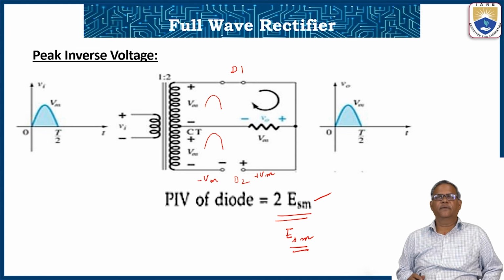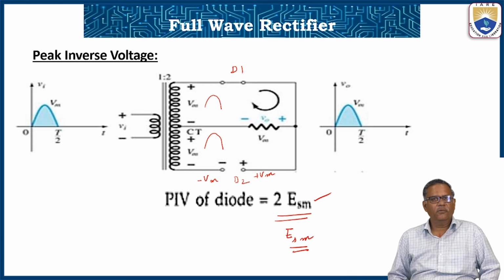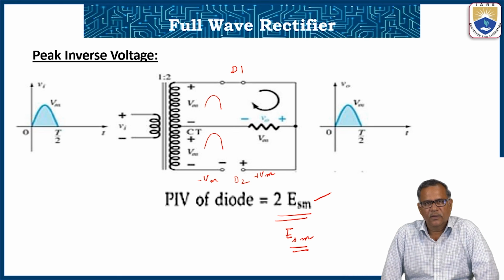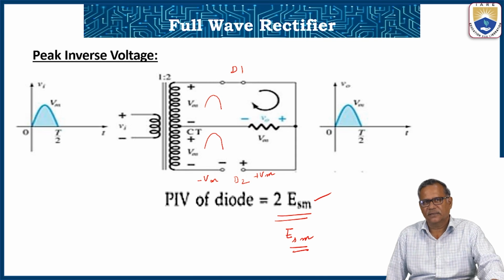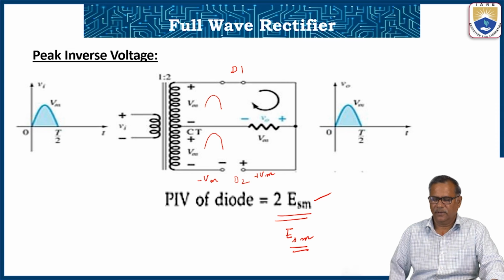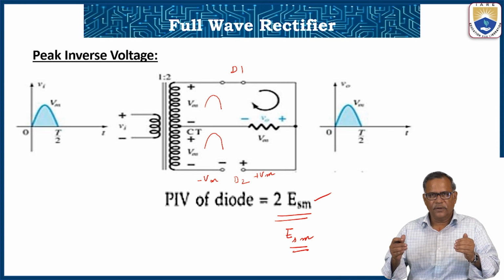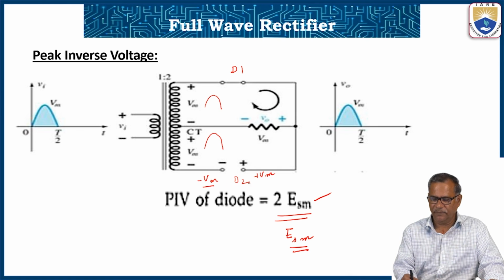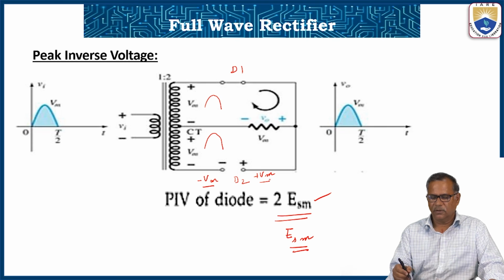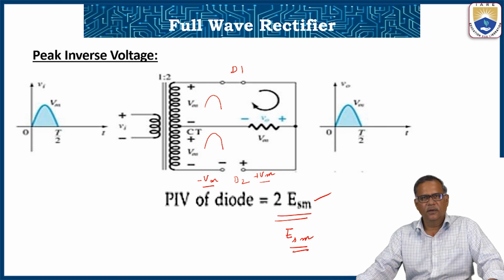This is the only disadvantage of the full wave rectifier. You have to choose diodes with a maximum value of operating voltage. The diode should withstand more voltage in the case of a full wave rectifier, because the diode gets peak values from both ends. Here it gets minus Vm and here plus Vm, so it gets 2 Vm.